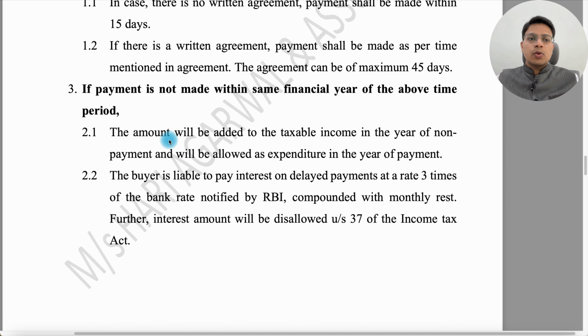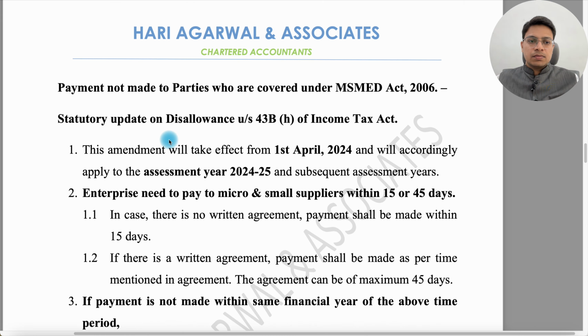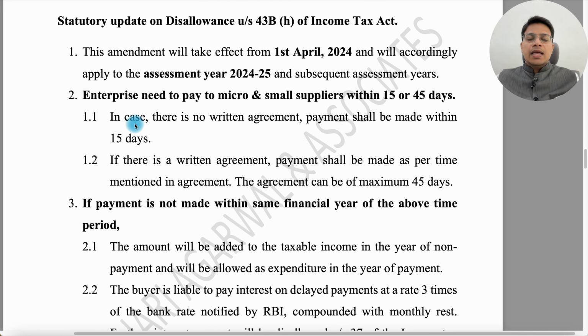So what is point number 2 here? We have to check whether you are having any agreement with your supplier as to the terms of payment. First step, what you have done, you have sent mail to the suppliers. You have identified which suppliers are falling under micro and small enterprises definition. In our example, out of 50 suppliers, 20 suppliers were falling in that definition.